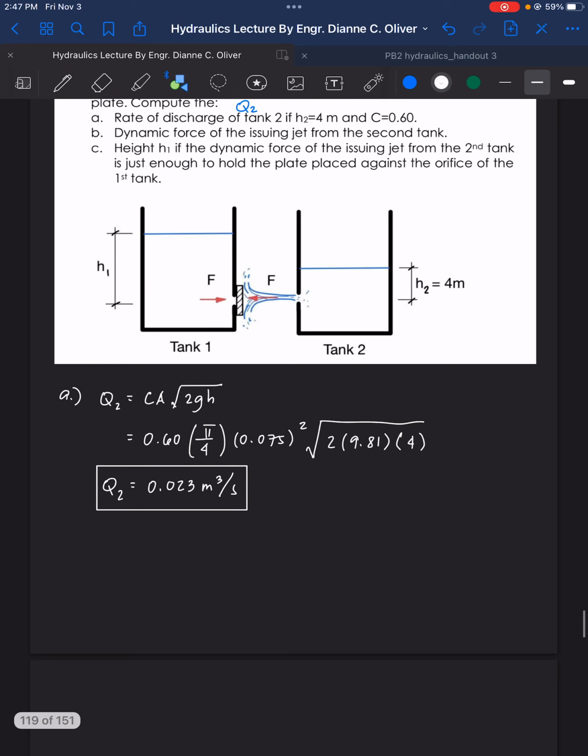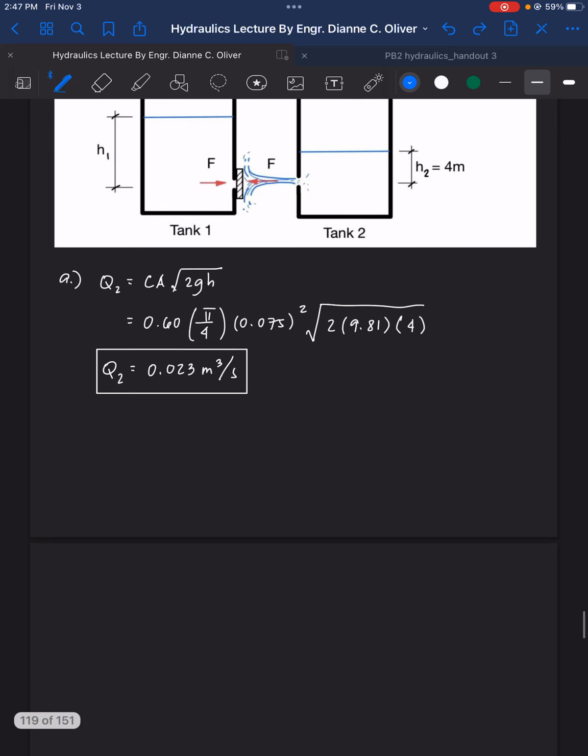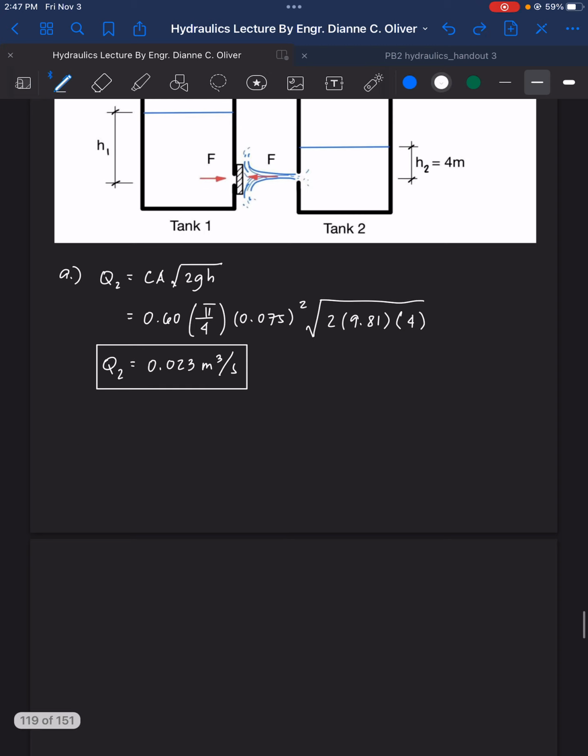Now B, dynamic force of the issuing jet from the second tank. So it's looking for the dynamic force F. When we say dynamic force, that involves the velocity. So F is equal to Q gamma over g, multiplied with the velocity. Let's see if we are consistent with the units here.